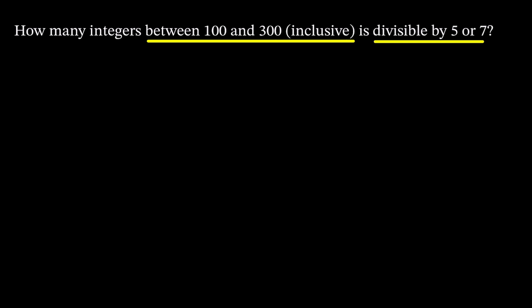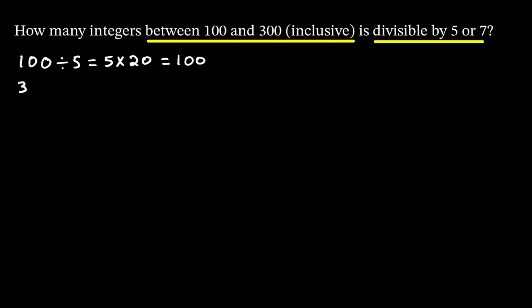We take 100 divided by 5. 100 divided by 5 is 20, so 5 times 20. So we have our first multiple, which is 5 times 20, which is equal to 100. Now we have to take the last multiple of 5.